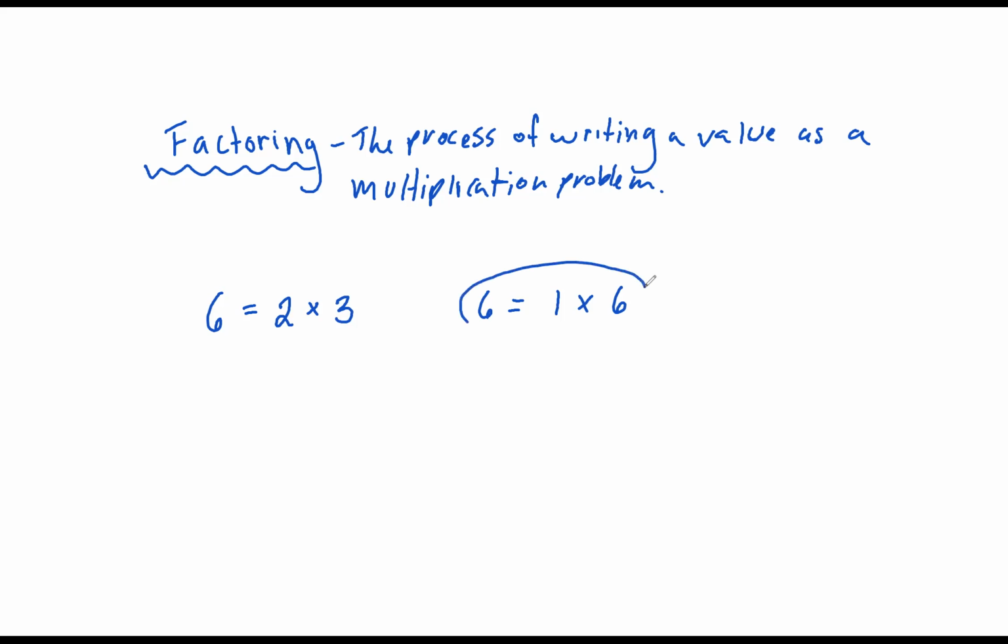But rewriting it like this, we won't have a whole lot of use for that right now. So when we factor, we're going to ignore the factor of 1 times that number. When I ask you to factor 6, just ignore 1 times 6. You'll say 2 times 3.